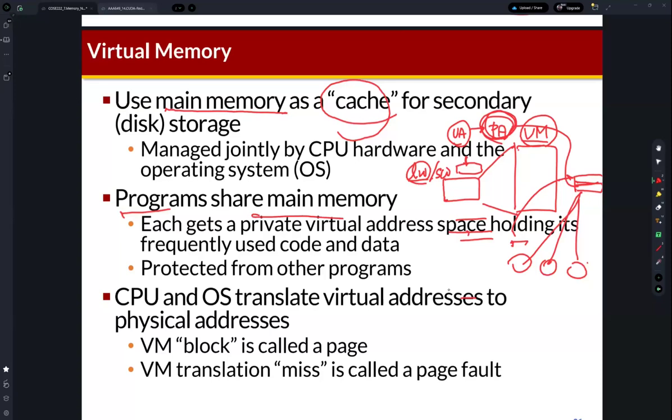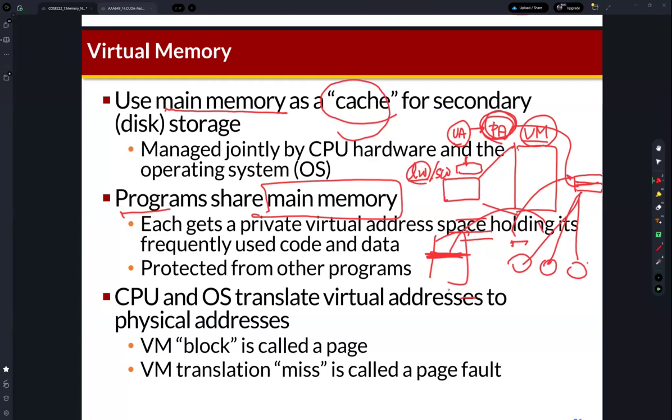Programs, meaning the launched processes, share the main memory, right? Programmers do not need to consider this situation, that the main memory is shared by multiple processes. The virtual address is translated by the operating system and the memory management unit in the CPU.